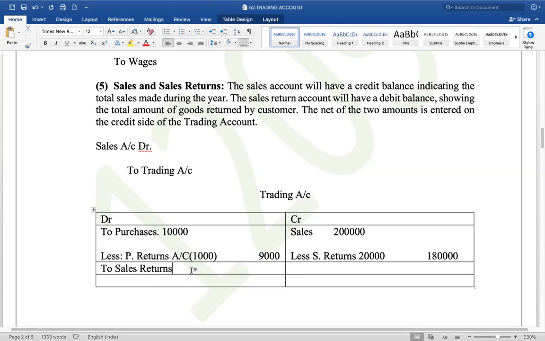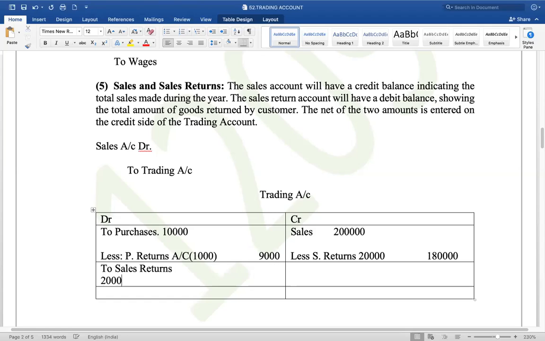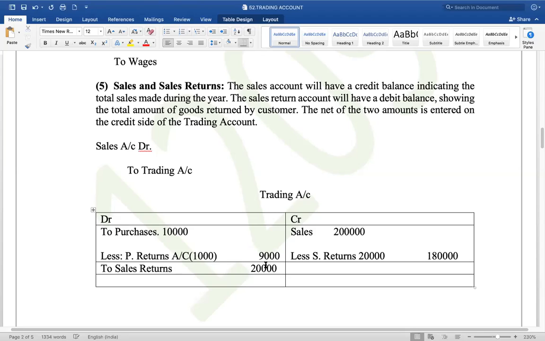Or you can also show 20,000 as returns on the debit side, without writing anything here. Look at this. Sales are credited, sales returns are debited. You can do this way or this way. Sales less sales returns, and this will not be there.